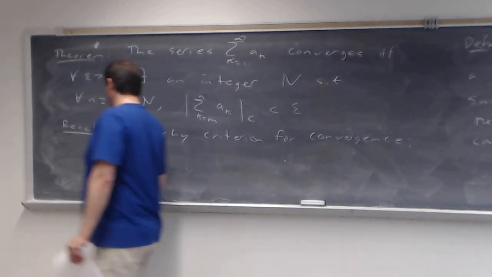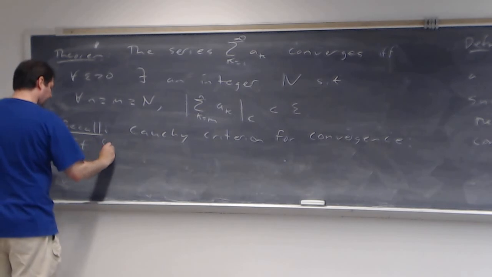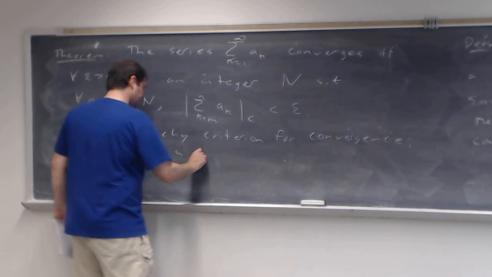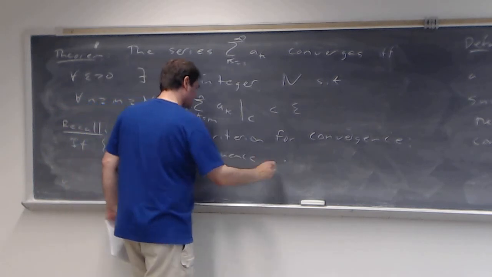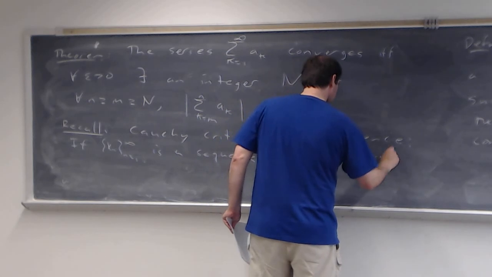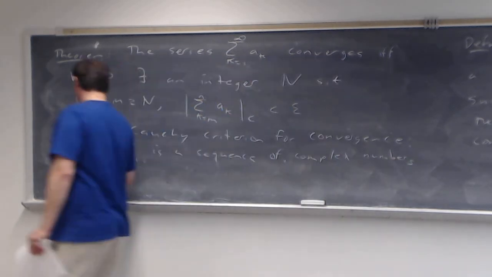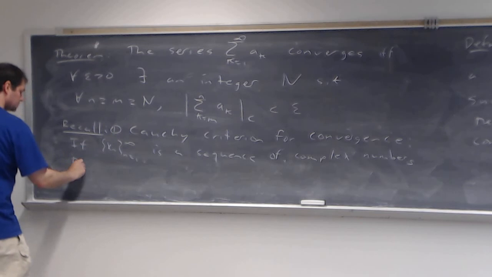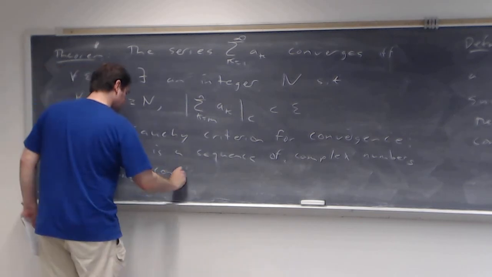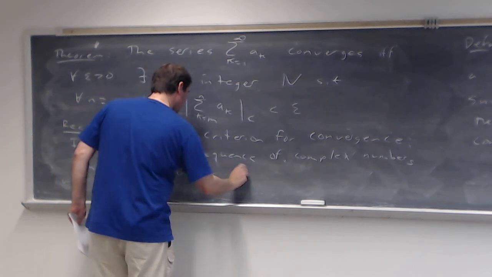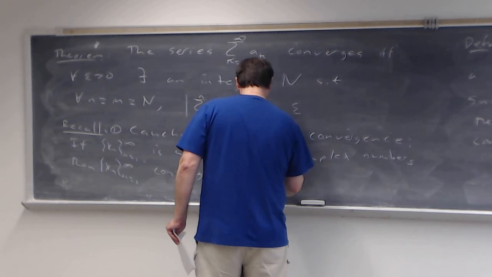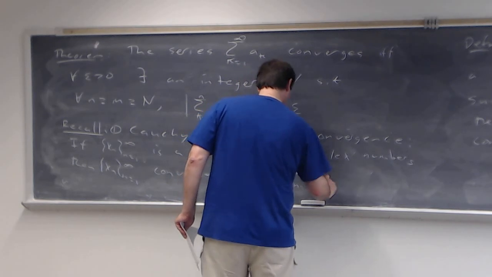It says if x of n is a sequence of complex numbers, then x of n converges if and only if x of n is Cauchy.